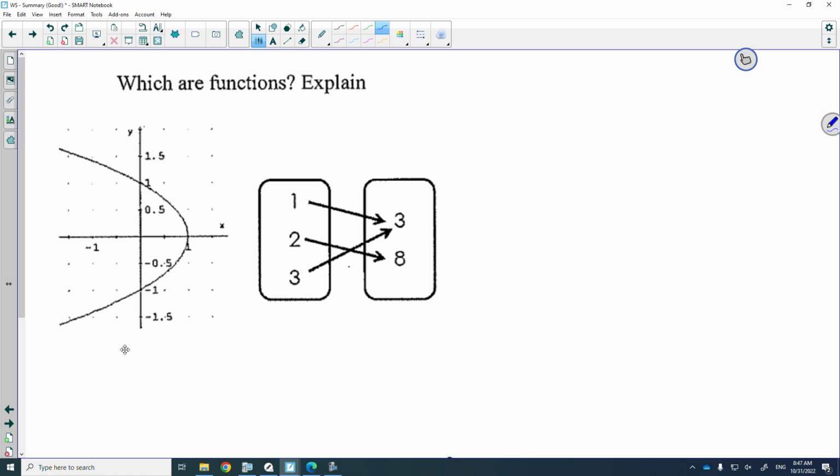Answer below here, is this guy a function or not? What would you say for this first one? No. So this guy is not a function. If it's not a function, what do we call it? A relation. Yeah, this would be a relation.